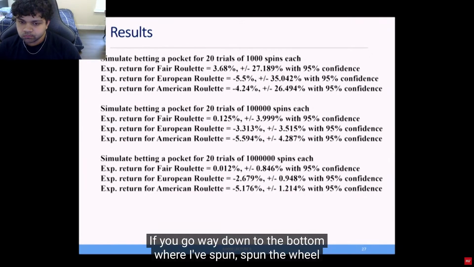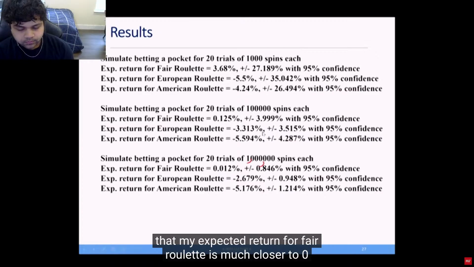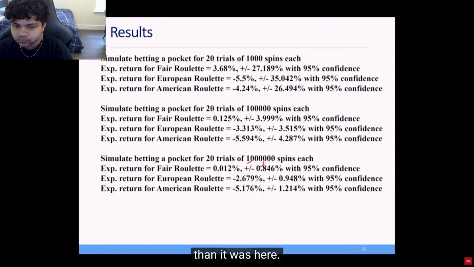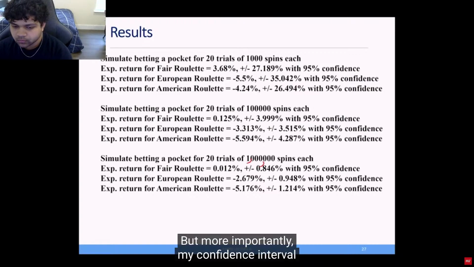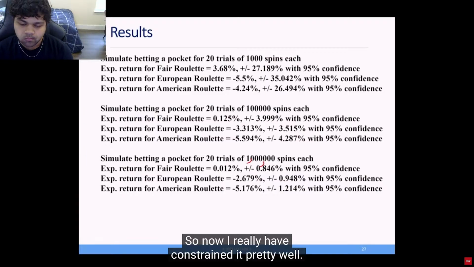If we go way down to the bottom, where I've spun the wheel many more times, what we'll see is that my expected return for fair roulette is much closer to 0 than it was here. But more importantly, my confidence interval is much smaller, 0.8. So now I really have constrained it pretty well.